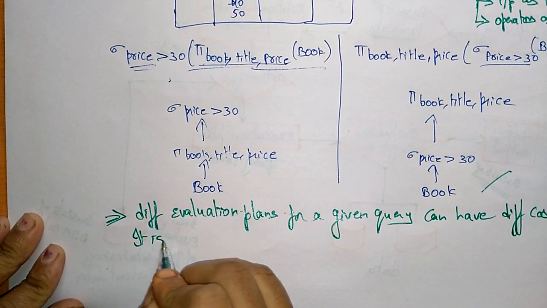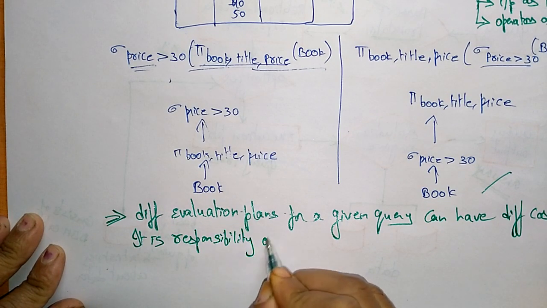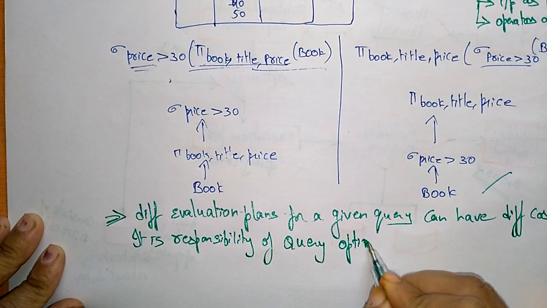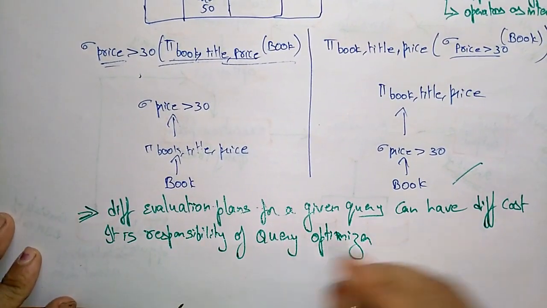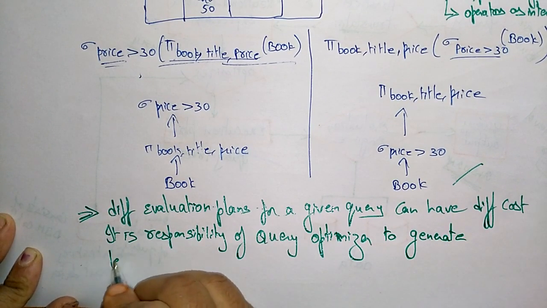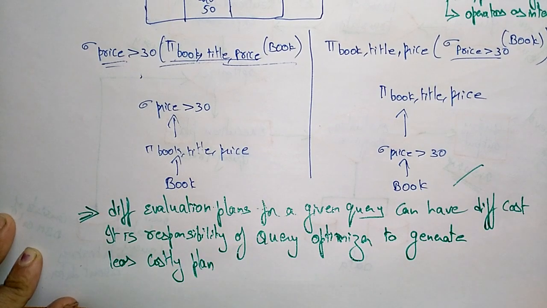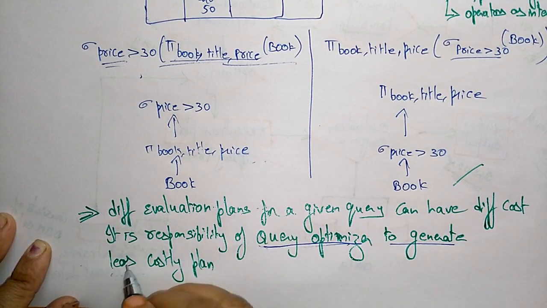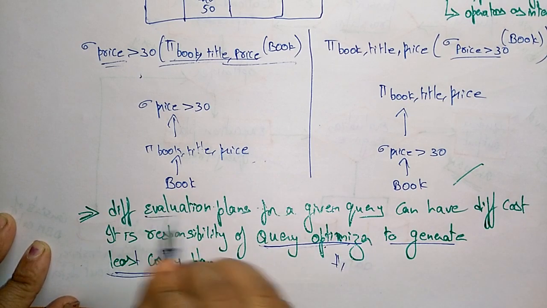It is the responsibility of the query optimizer to select the best query and generate the least costly plan. So from these two queries, the query optimizer will generate the least costly plan and place that in the query evaluation engine.